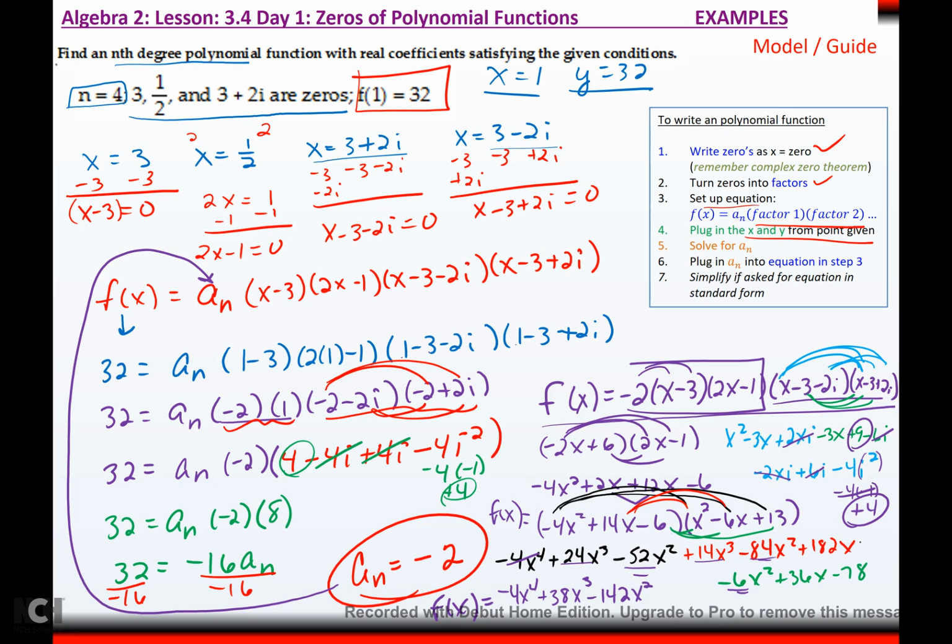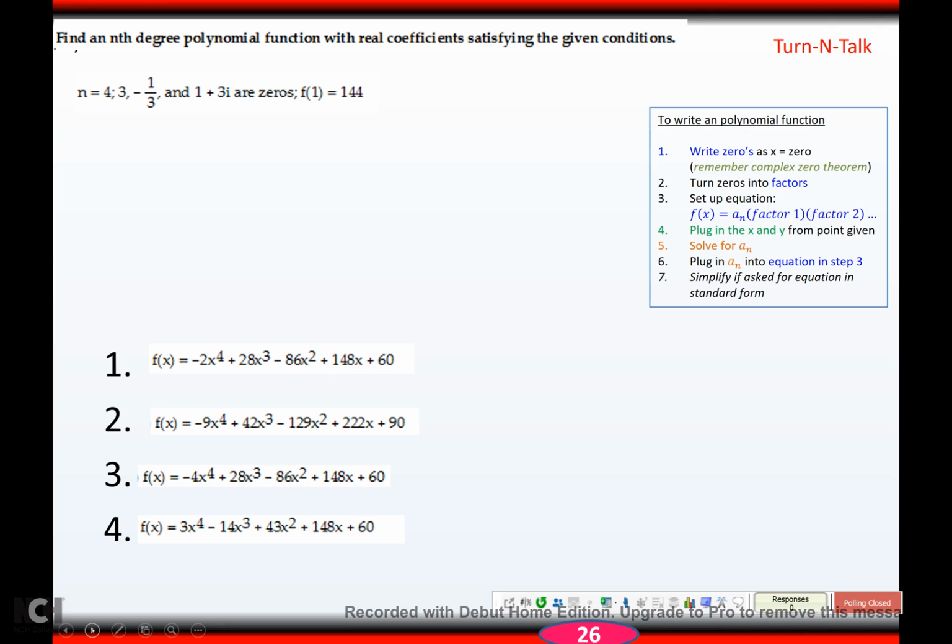And then we have 182 and 36, which gives me 218x minus 78. There is my function. Alright, you try this one, hit pause, come back when you're ready.